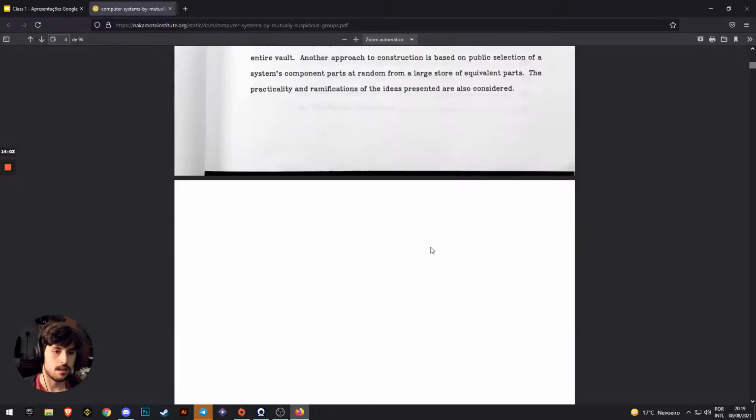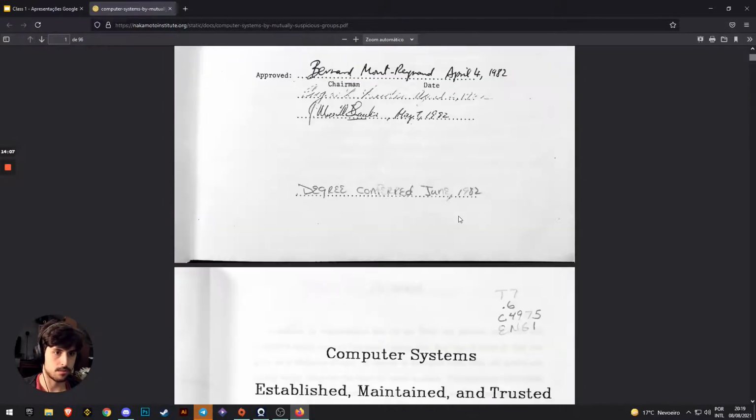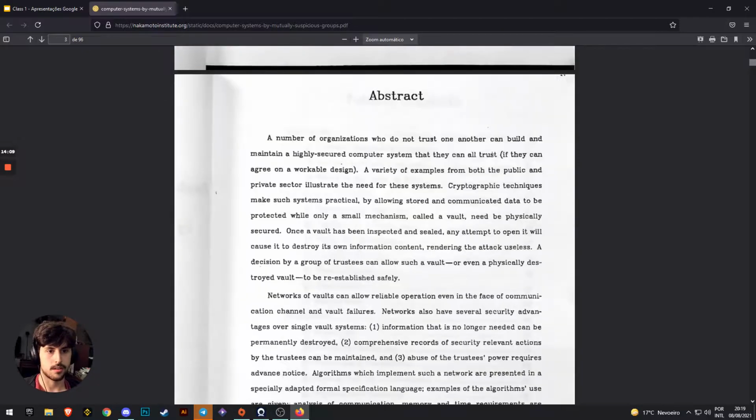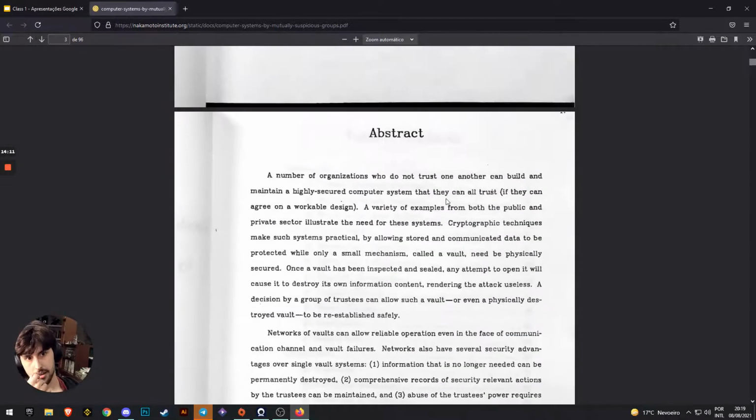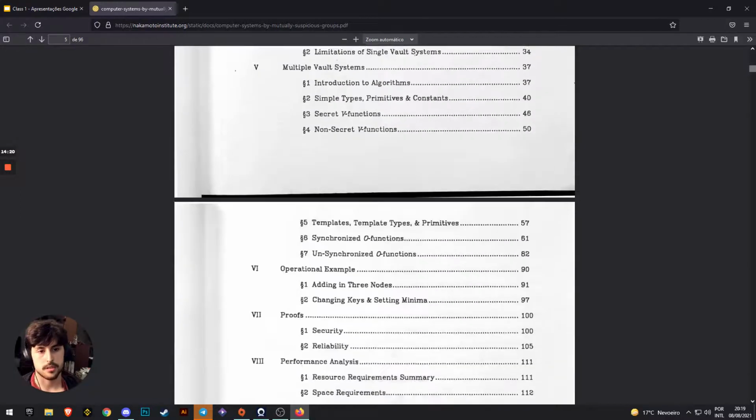The introduction to this paper is from 1982, so it's before Bitcoin, but it can really give you a perspective on the thought process behind Bitcoin.